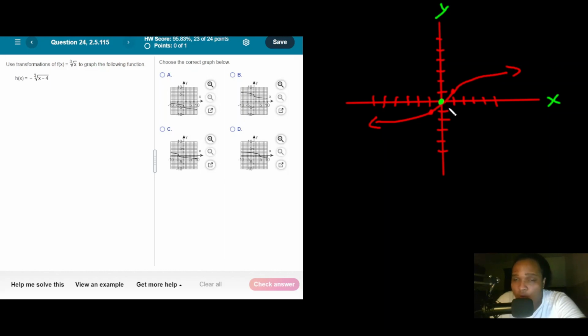If the point is 0, 0, it's going to stay 0, 0. You take all of your y's and you multiply by -1, right? So this right here is going to be here. This right here is going to be here. If you have an arrow that's down there, it's going to be up here now. That's how we actually reflect across your x. So it's going to look something like that.